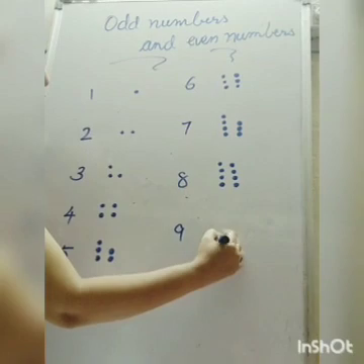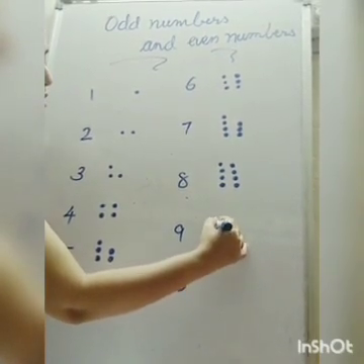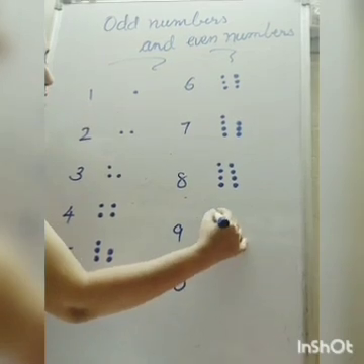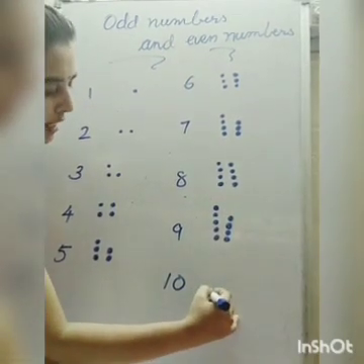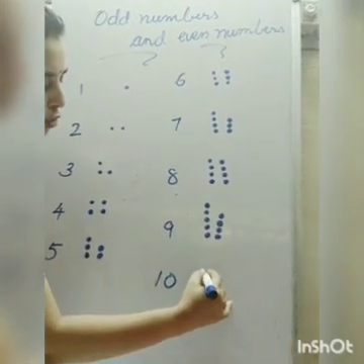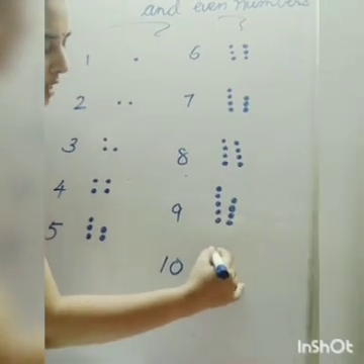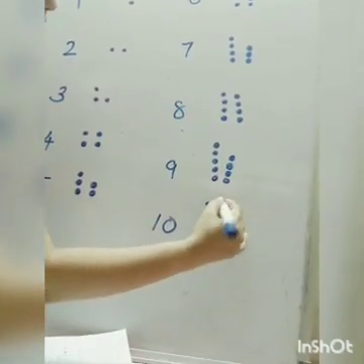For 9, 1, 2, 3, 4, 5, 6, 7, 8 and 9. For 10, 1, 2, 3, 4, 5, 6, 7, 8, 9 and 10.